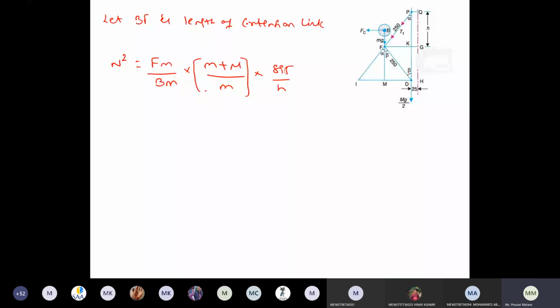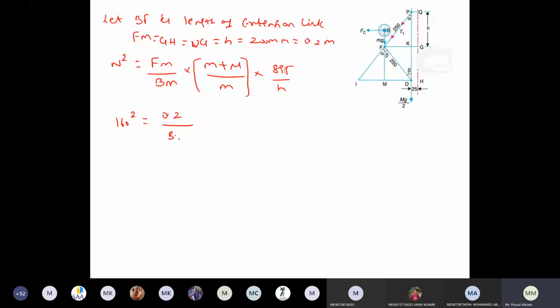N is given. What is the N value? 160 rpm. Let us try to find out the FM. What is the FM length? FM is equal to 200. I'm substituting everything here. FM is equal to GH, that is equal to QG, that is equal to h, that is equal to 200 mm or 0.2 meter. 0.2 by BM, we need to find.